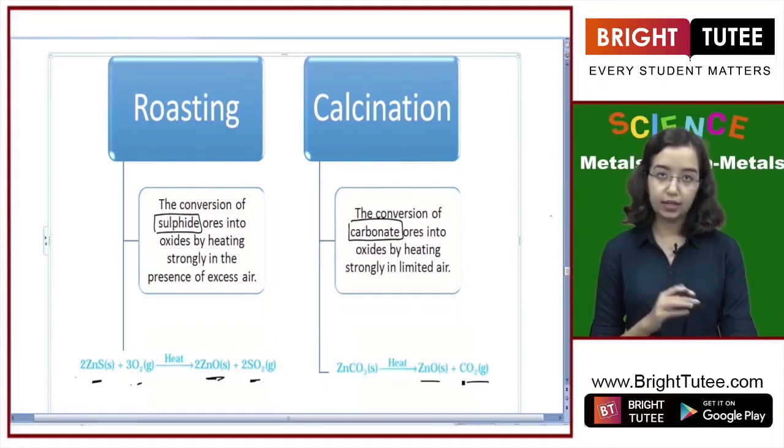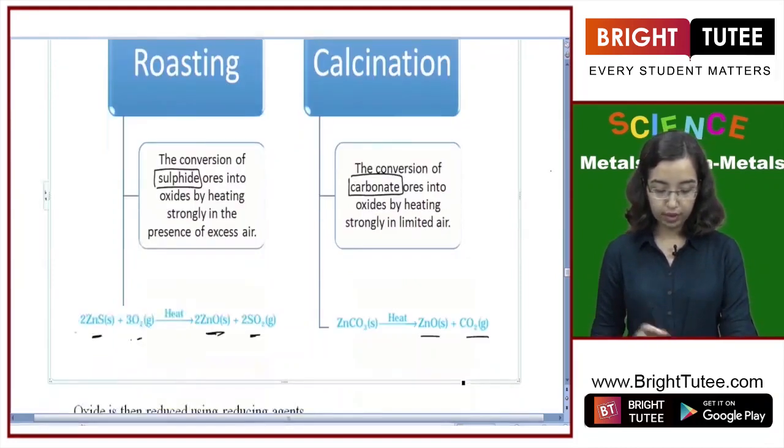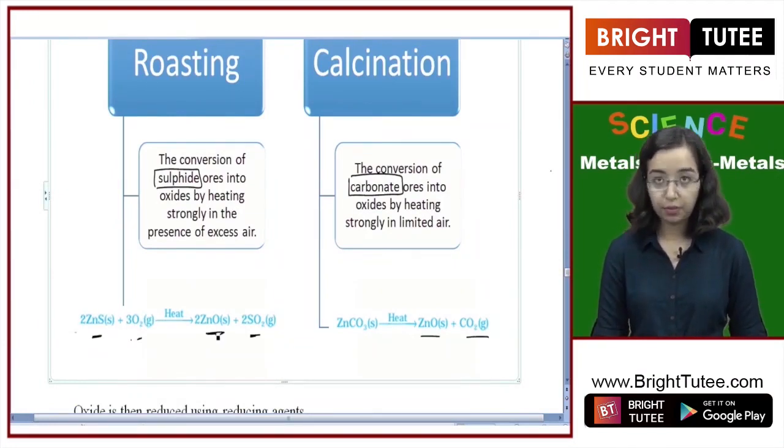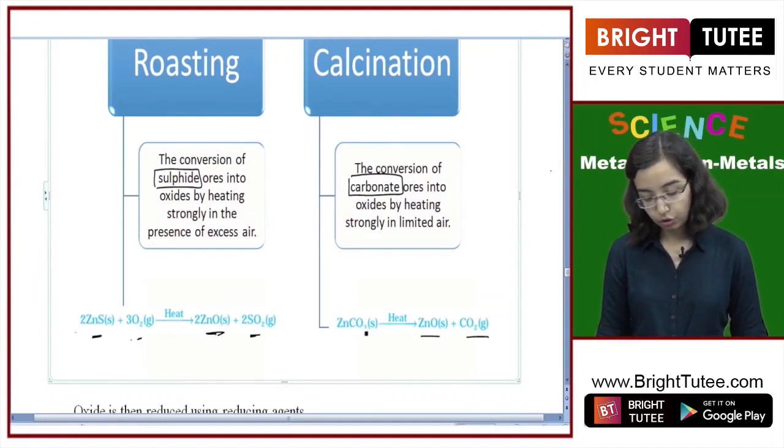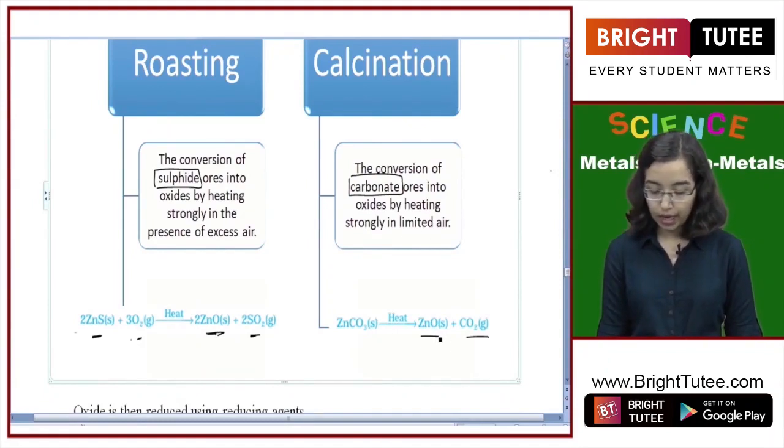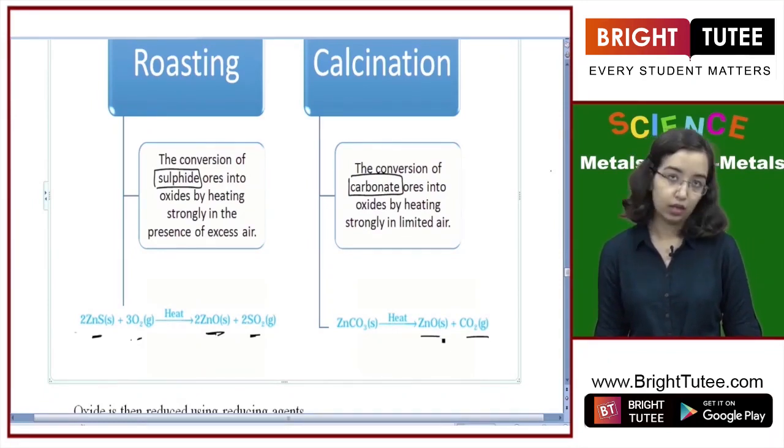So again, zinc was present in two forms, as a sulfide and as a carbonate. Here for sulfide, we use enough oxygen and then we heat it to form an oxide. Here we use just heat, and because oxygen is not part of this equation, there is limited air supply here, and it results again in the formation of ZnO.